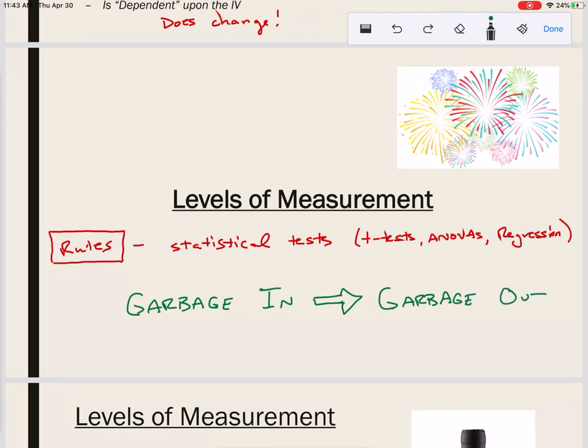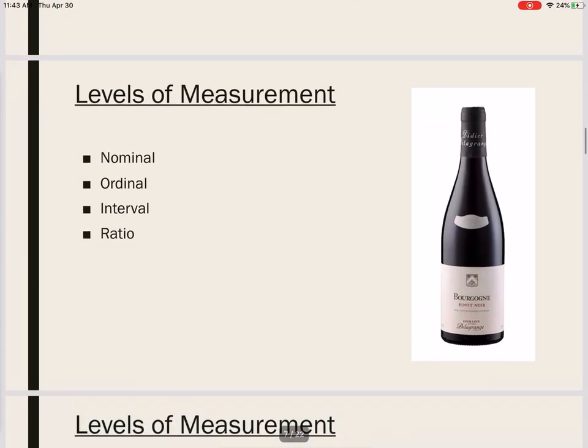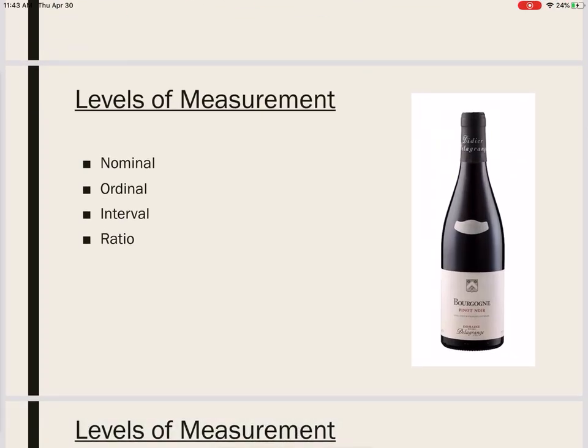Garbage in to a statistical analysis will always yield garbage out. So we have to follow these rules. Because if we don't follow the rules, in essence, we're putting garbage in. We're being lazy. And it means that these statistical tests aren't telling us what we actually think they are. And it can be irresponsible as well.